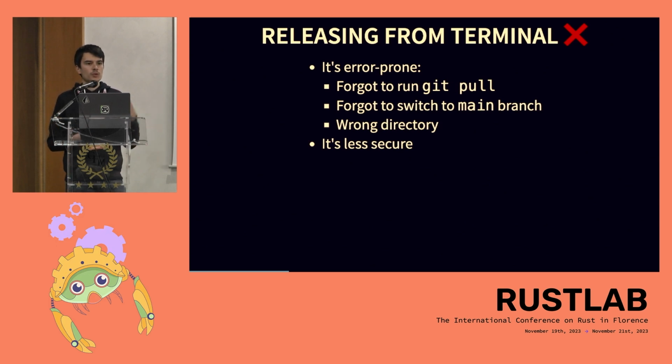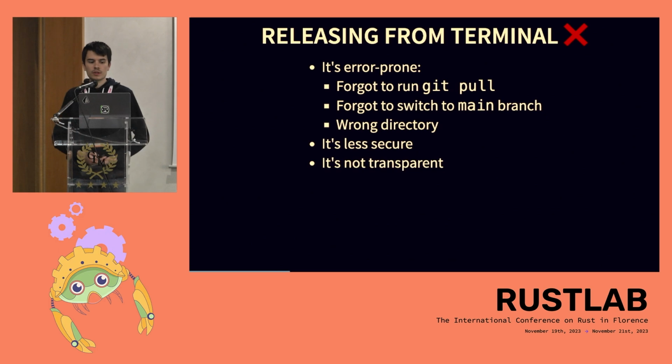Instead, from CI, what you can do is create a token for crates.io. You can set it in the repository secrets, and that's it. You forget about it. Of course, there are other kinds of attacks for the CI, so it depends on what your necessities are, but in general, I think it's less secure.